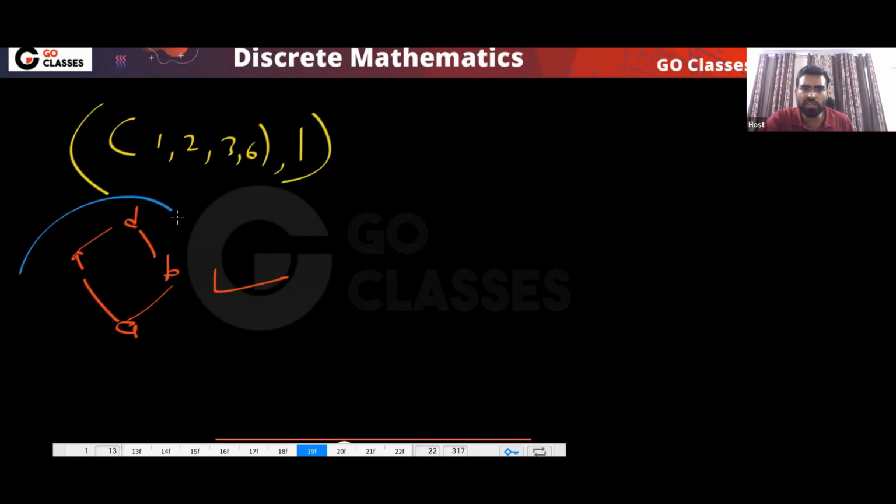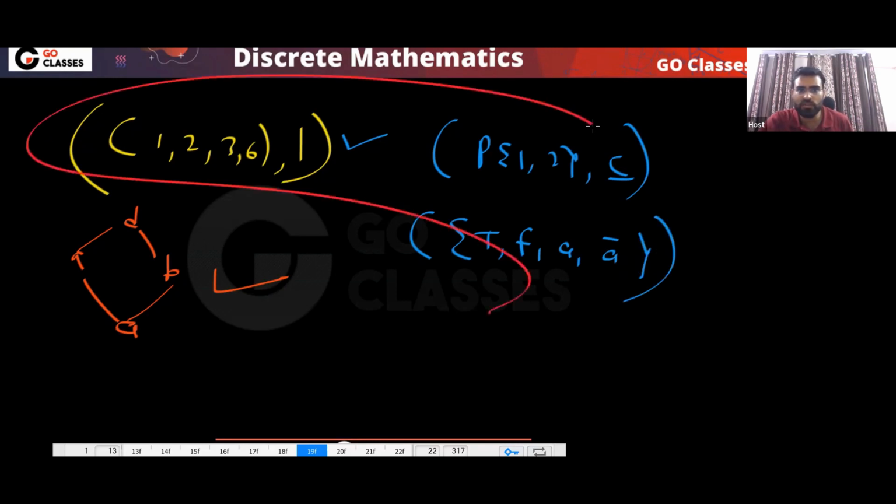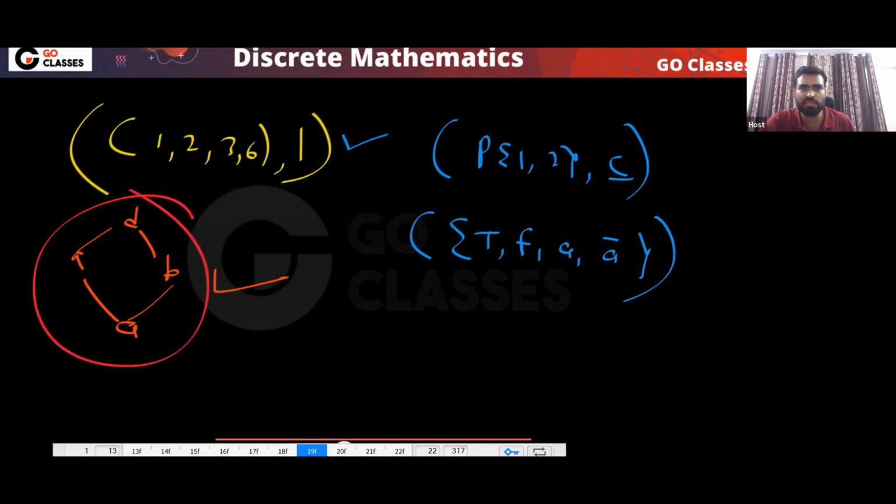If you don't study this structure, then you will have to study this separately, and this separately, and this separately. True, false, a bar. This structure also you will have to study separately. So the idea is very simple: instead of studying them separately, you can just study them once.